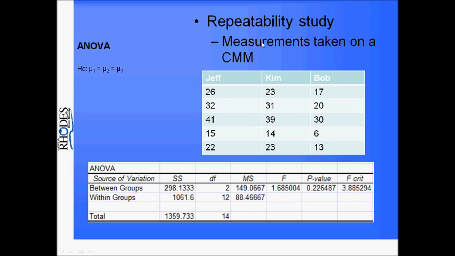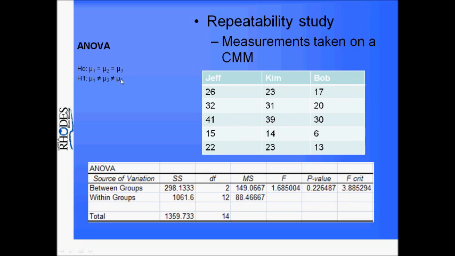Because if you're measuring something between 3 people and it measures differently, then that's a problem. That tells you that the coordinate measurement machine, the CMM, is not measuring it accurately. So the null hypothesis is that everyone's equivalent, but then the alternative is that they're not equivalent.